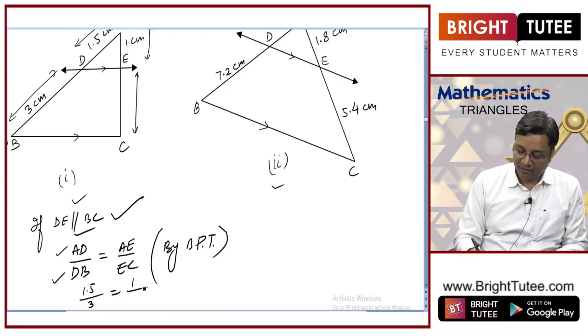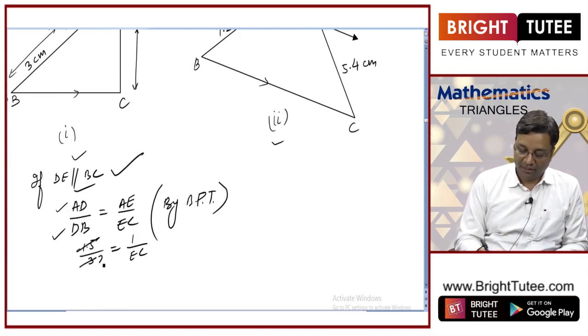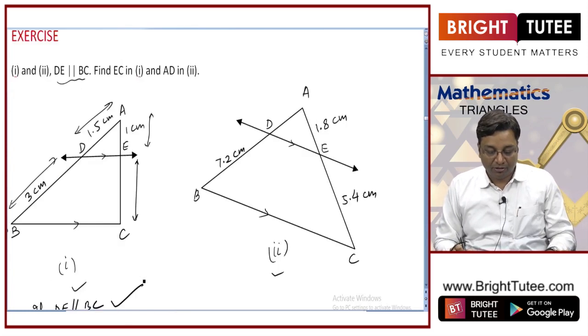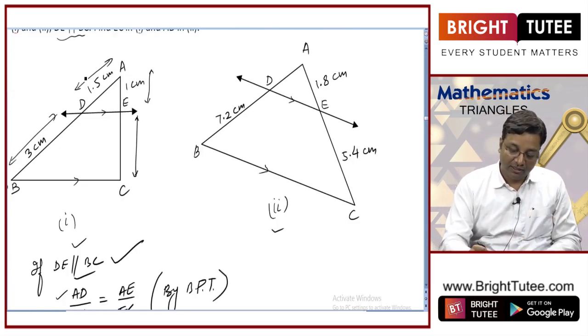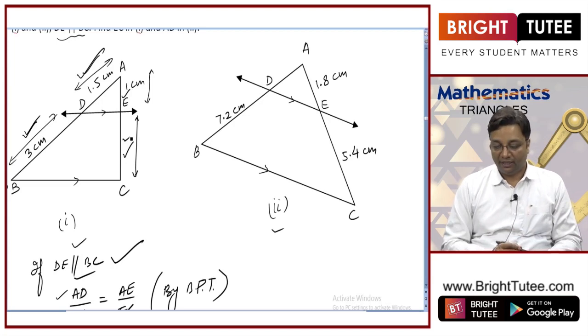AE is given as 1, EC we need to find out. So this is telling me that EC will be equal to 2, right? Otherwise also, if you look at these two portions, this is double of this. So this portion will be double of this. So this is going to be 2, right?